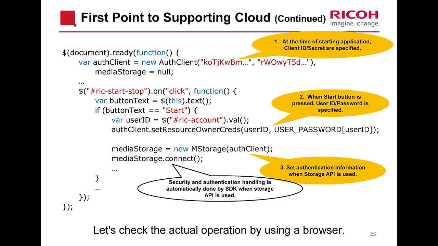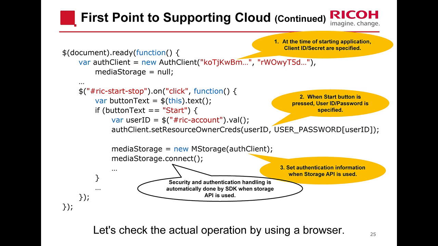Before creating an instance of Storage SDK beginning with the name mStorage, create such account authentication information and set it to the authClient object. By doing so, the authentication and authorization procedures are internally performed automatically when APIs such as Connect and List Acquisition are executed. So, you do not have to worry about authentication when operating the cloud storage.